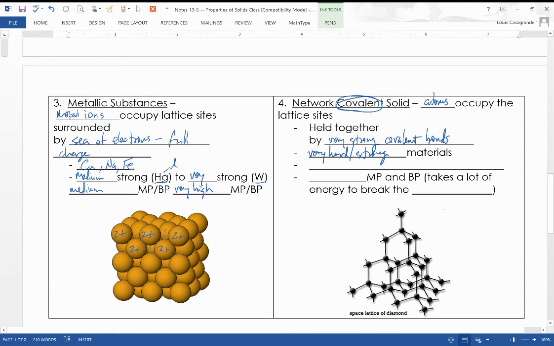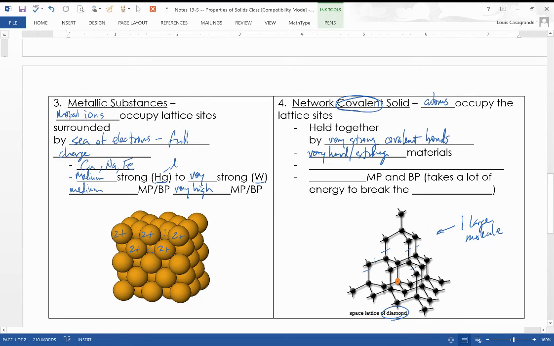And here, this is basically like a diamond. Here's the diamond. It is like one large molecule. If you wanted to melt diamond, if you wanted to break it apart, you would have to break apart these strong covalent bonds. You notice that each one of those atoms, let me highlight them in a different color. Let's highlight this guy right here.